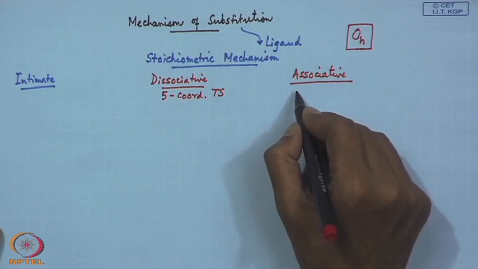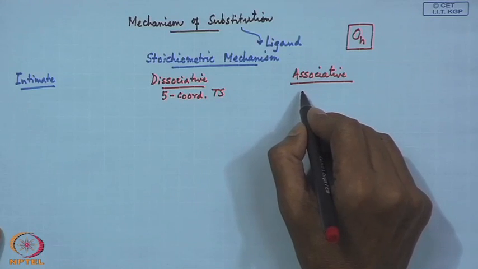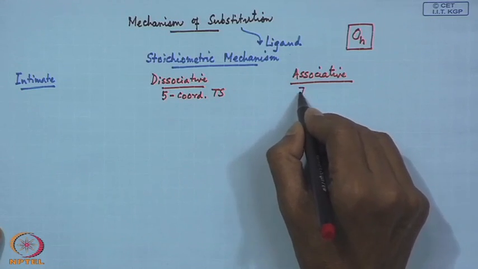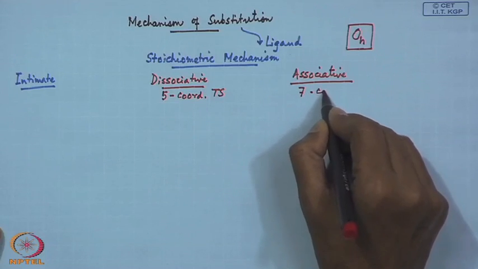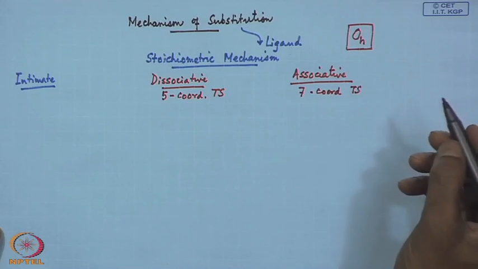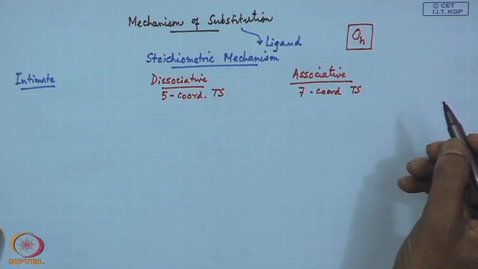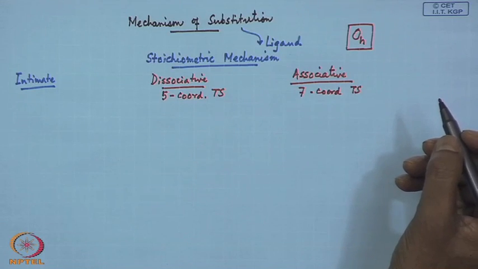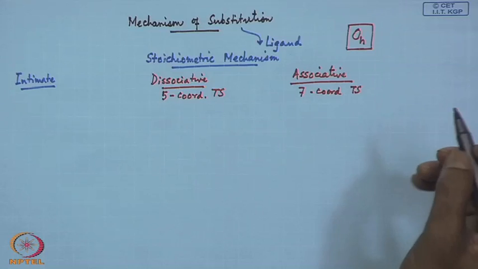For the associative reaction, in a similar way, we can have a 7 coordinated transition state for the octahedral reactants, that means some ligand is reacting with the octahedral metal center.